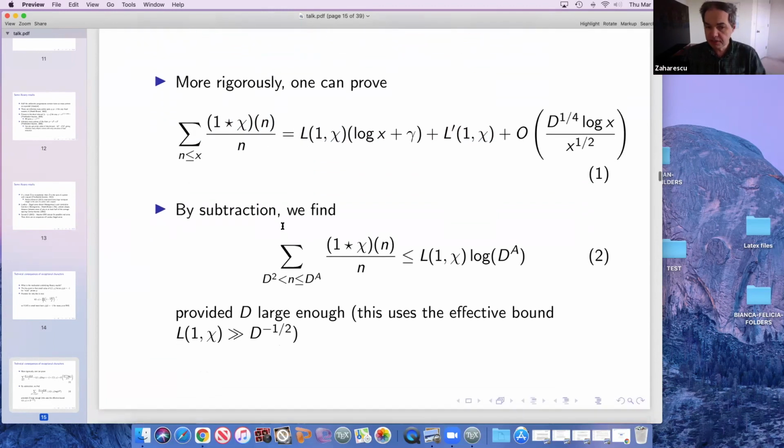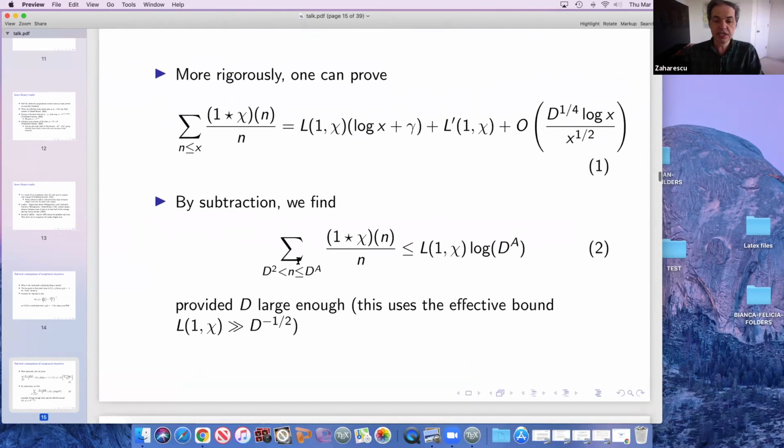And if we subtract one such sum from another, as I said, if we subtract the sum up to d squared from the sum up to d to the a, where a is a much larger fixed number, then we get that the sum is less than L(1, chi) times log of d to the a.